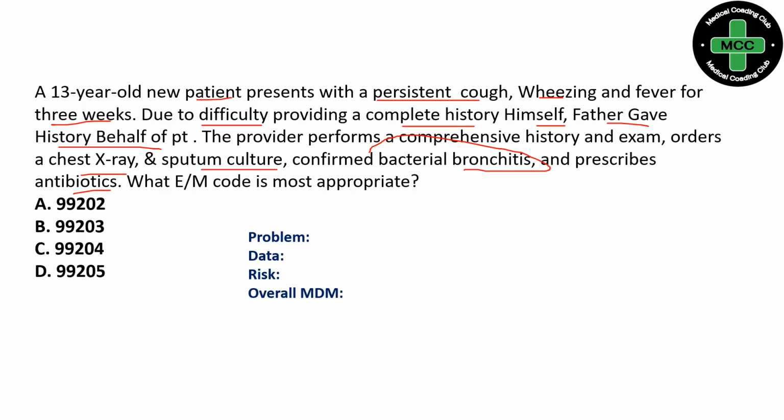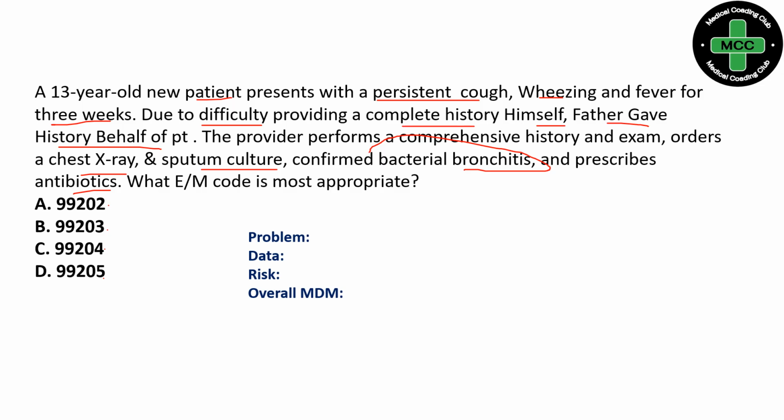Okay, so here if you see the question, understand what is the problem and understand the data level and risk. So easily we will get the final MDM level. So option A is level 2, option B is level 3, C is level 4, D is level 5.